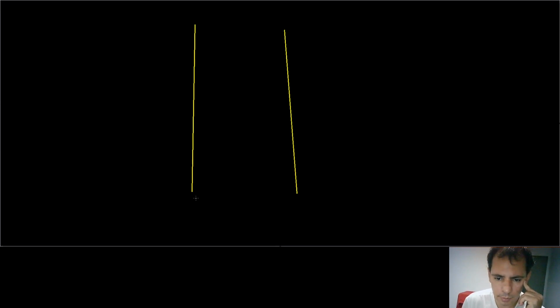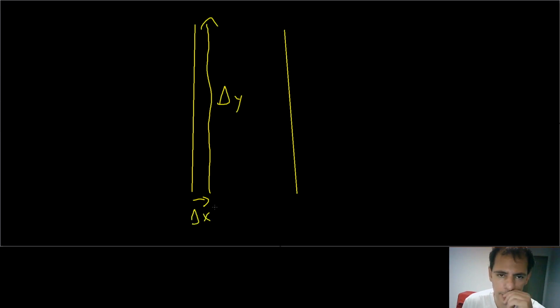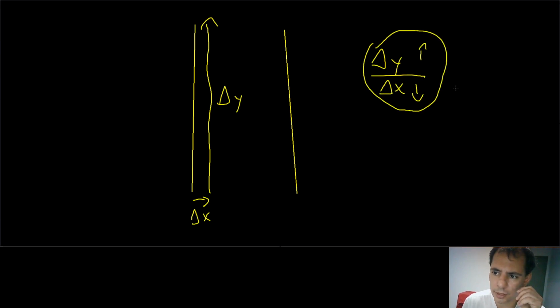Because as it comes to the right just this little bit, it goes all the way up here. So it's this huge delta y divided by a very tiny delta x. What is this? This is going to approach infinity. And the same thing for this one in here.